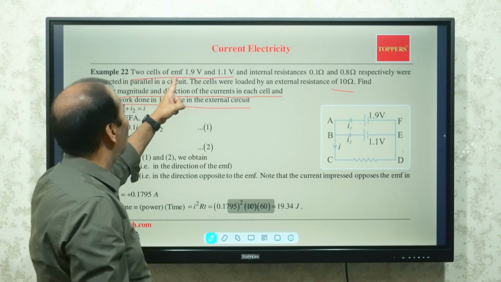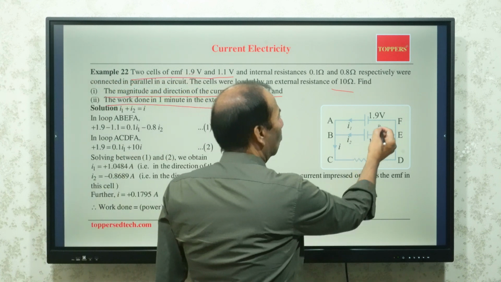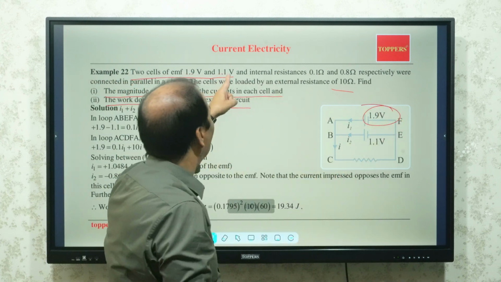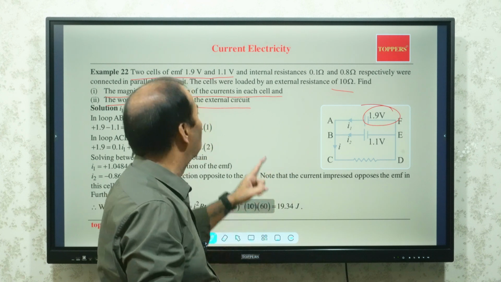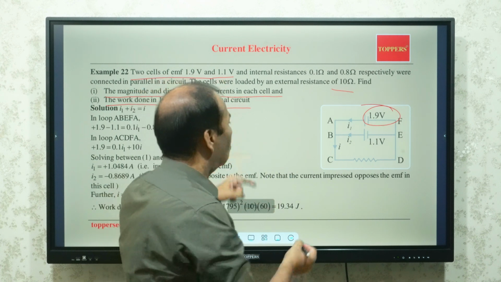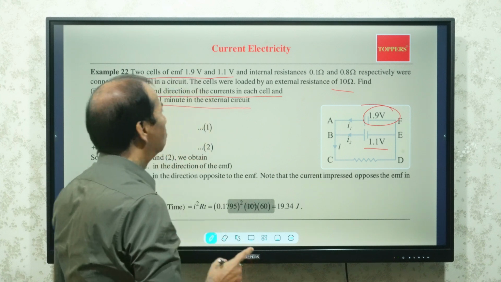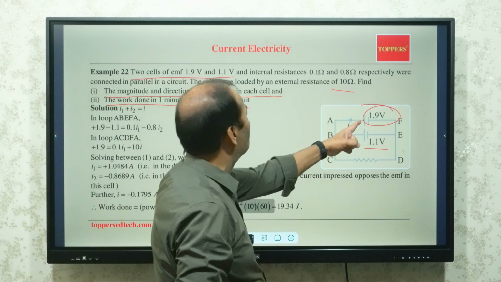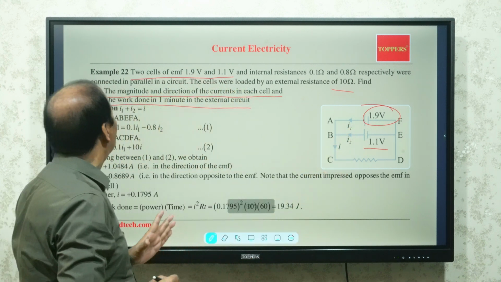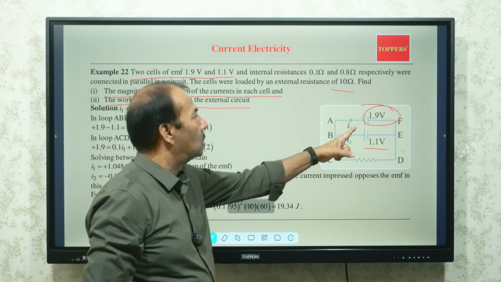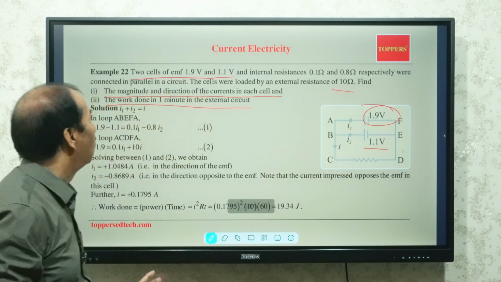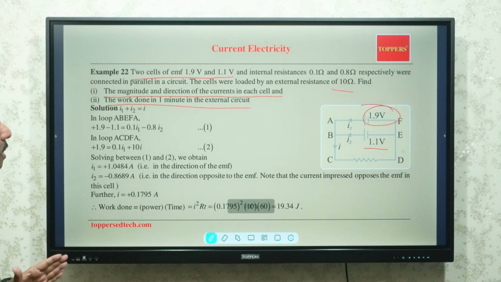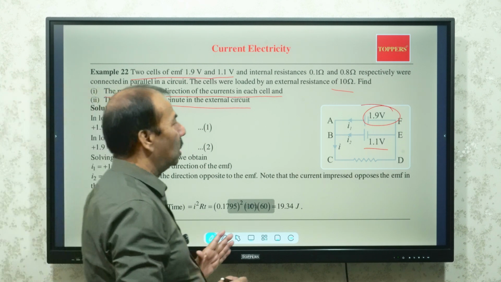Two cells of EMF 1.9 volt and 1.1 volt, so they have two different EMFs, and internal resistance 0.1 ohm and 0.8 ohm respectively, are connected in parallel. So these two are connected in parallel. The cells were loaded by an external resistance of 10 ohm.